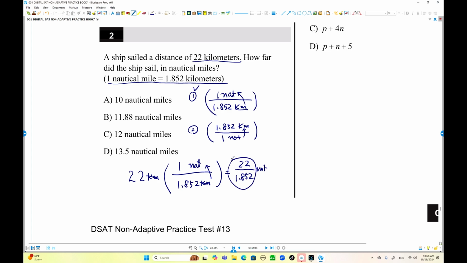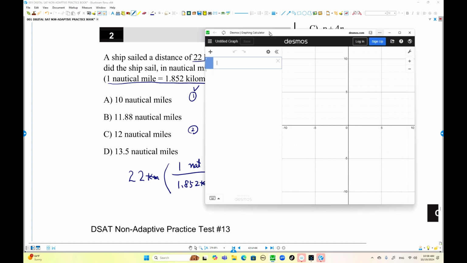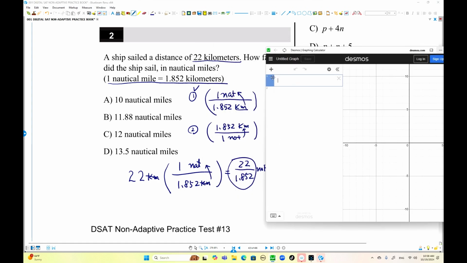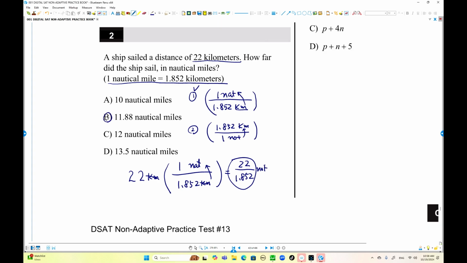So you have to use your calculator. I have a decimal over here. 22 over 1.852 is 11.88, okay? So 11.88 is the answer.